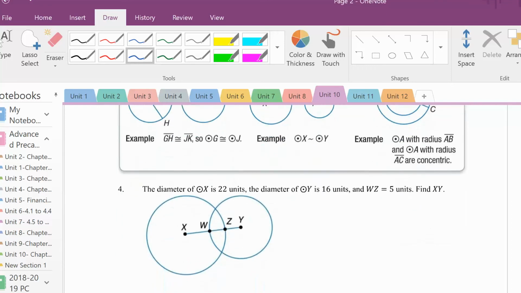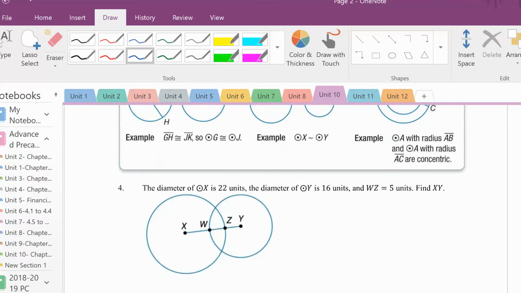So if you look at number 4, the diameter of circle X is 22 units. So that means the radius is 11. And the diameter of circle Y is 16, so that means the radius is 8. WZ is 5 units. Find XY.